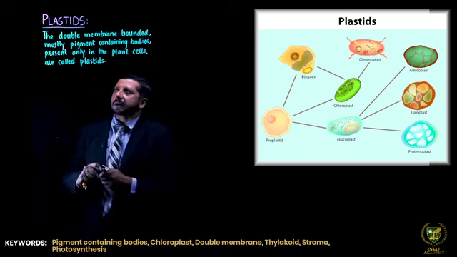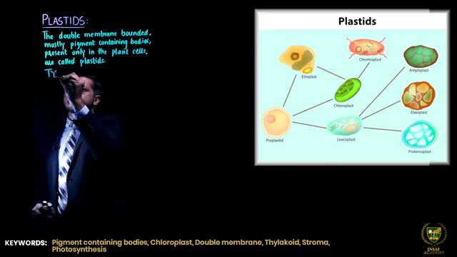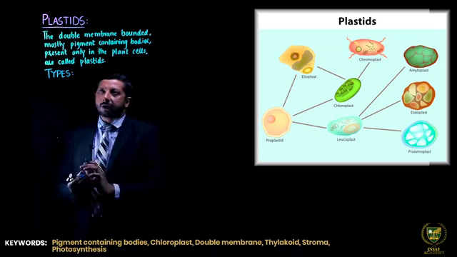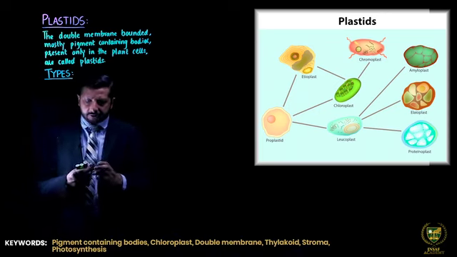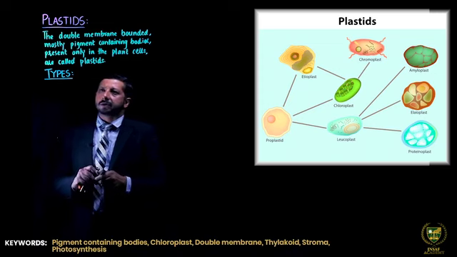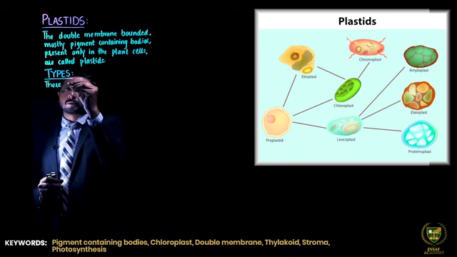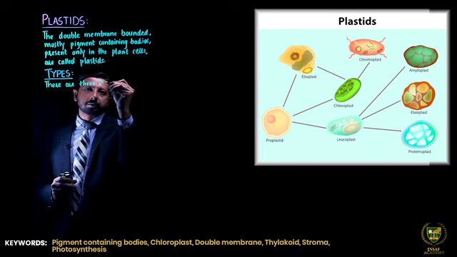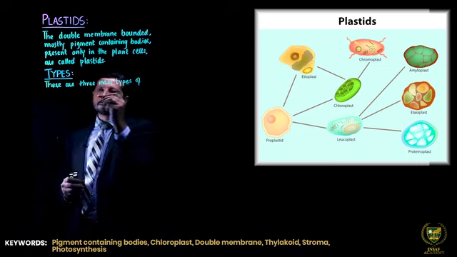And as far as their types are concerned, the basic knowledge of plastids you have been taught in grade 9. Now there is some extension. So there are three main types of plastids.